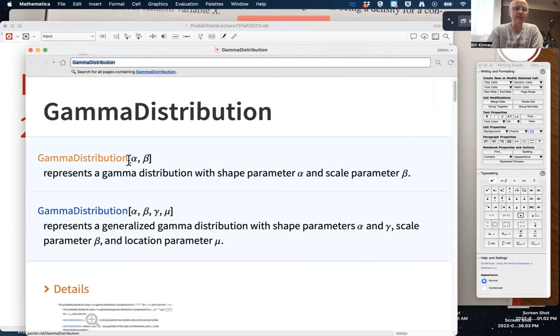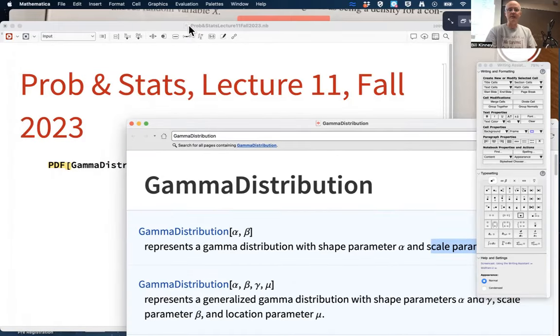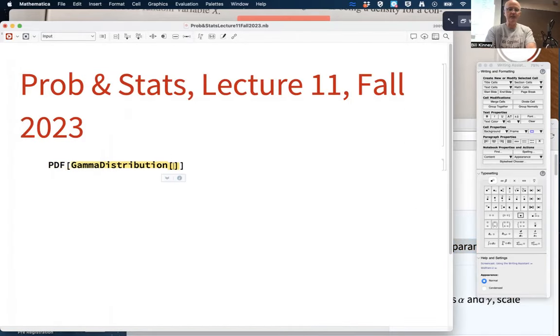GammaDistribution[alpha, beta], with alpha and beta inside square brackets, represents a gamma distribution with these two parameters. They're called a shape parameter alpha and a scale parameter beta. We don't quite know what those mean at the moment. Let's pick a particular gamma distribution. Let's pick alpha to be 2 and beta to be 3. Am I done?